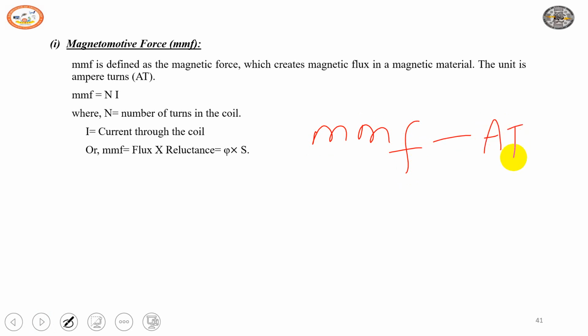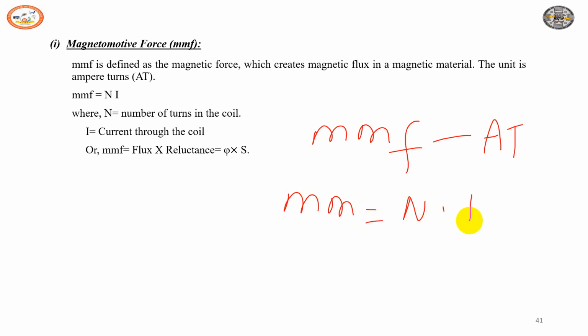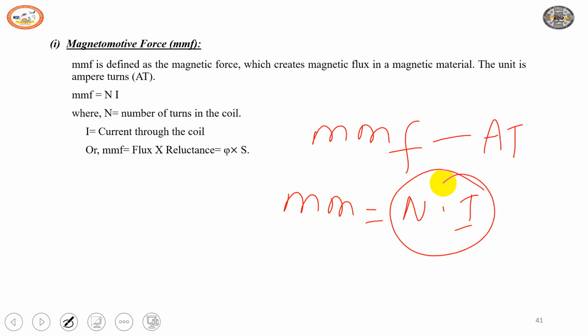MMF is equal to N into I, where I is the current flowing through the coil and N is the number of turns in the coil. Put together, it is taken as ampere turns, where N refers to the turns and current gives the unit as amperes.